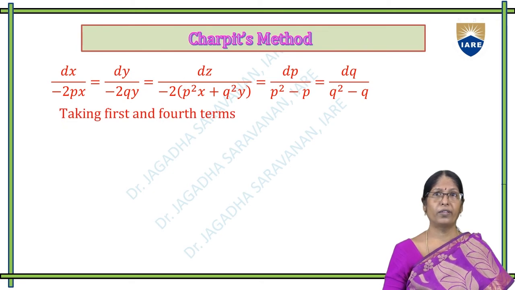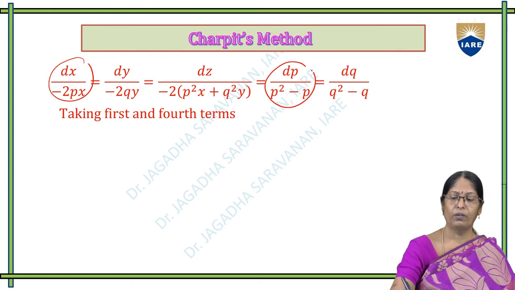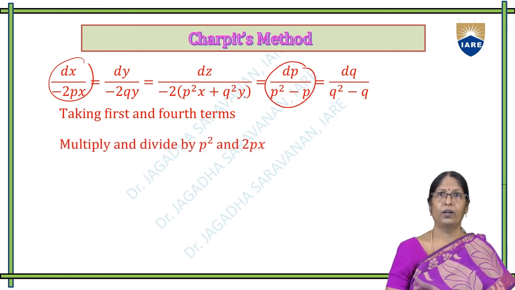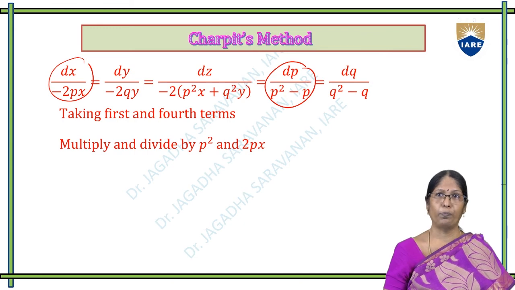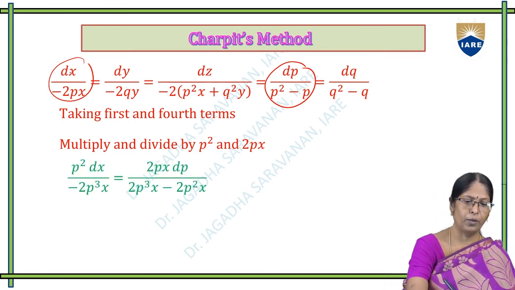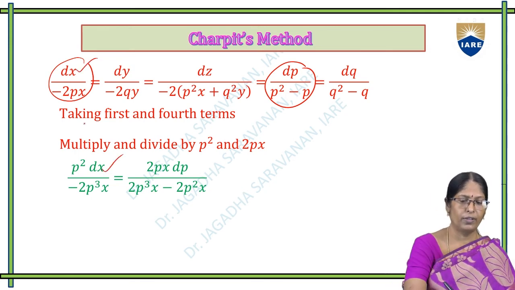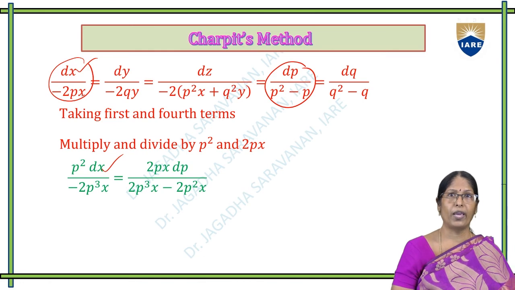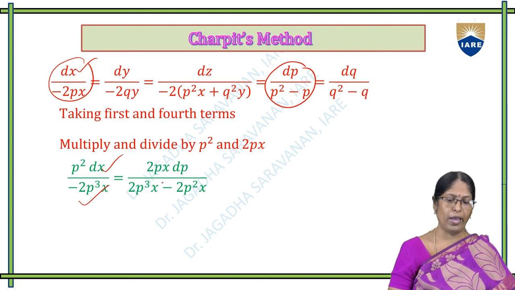Now we are going to take the first and fourth member. We take the first member, multiply and divide by p square. So we multiplied here p square into dx, p square dx. The denominator minus 2px into p square, we got minus 2p cube x.